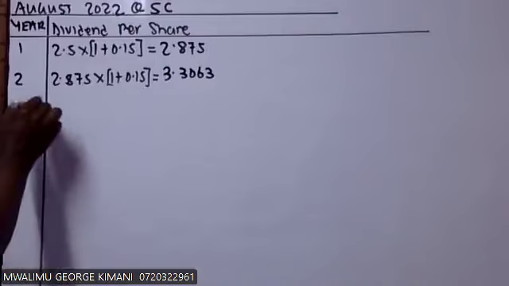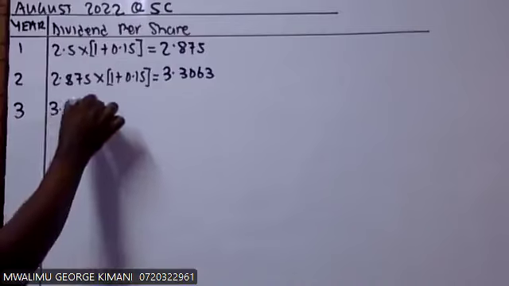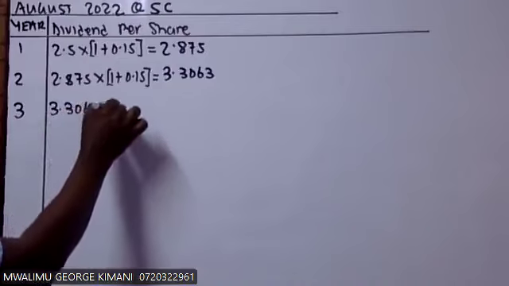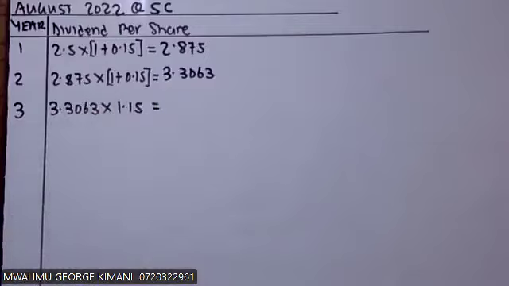Okay, year 3, we take now this 3.3063 times, actually this one now you can write it as 1.15. It's the same thing. You can also write it that way.